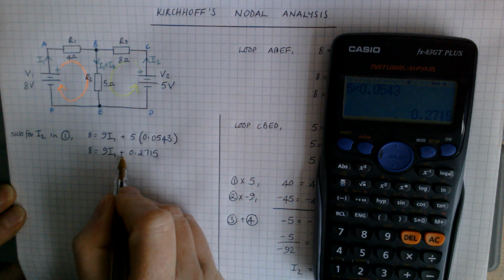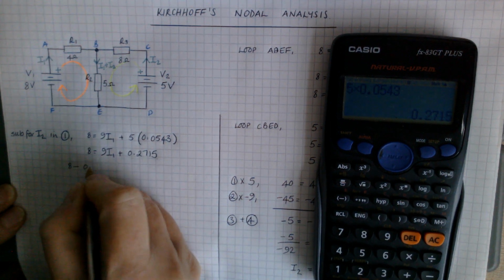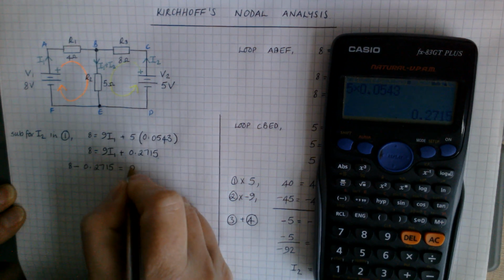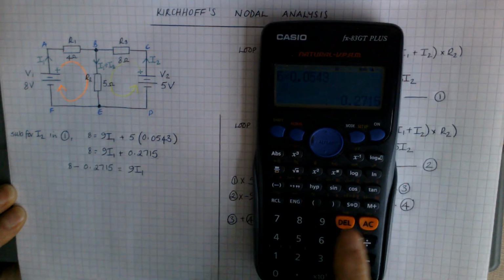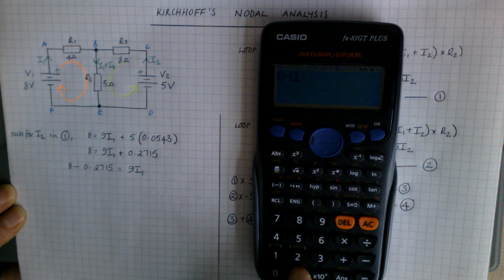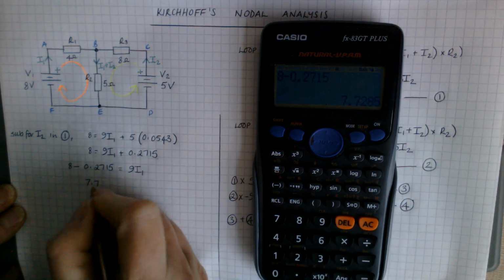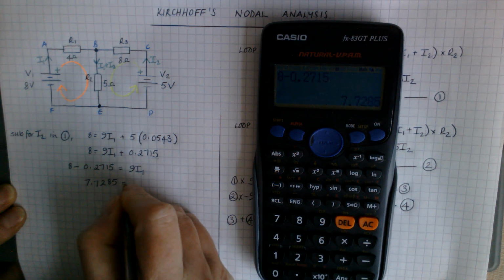So it's positive on this side, becomes negative when I move it over. I'll work that out. So that gives me 7.7285. We'll just keep the lot.